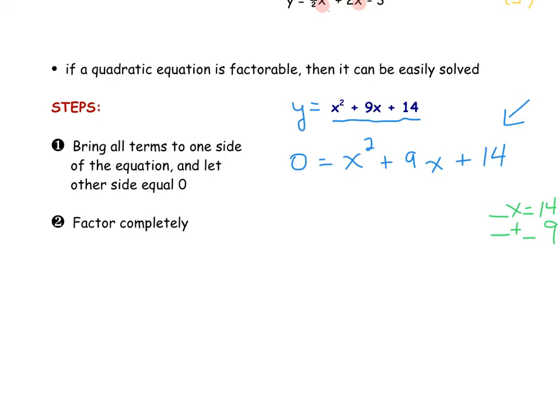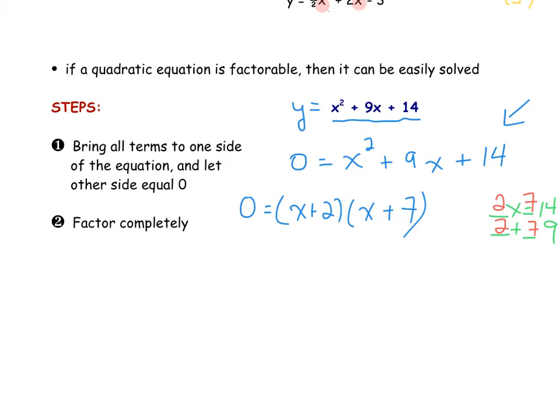And so hopefully you were able to come up with 2 and 7. 2 and 7 multiply to give me 14, but also add to give me 9. And so that creates my factors. So I'll have 0 is equal to x plus 2 and x plus 7. So there I have it in factored form.